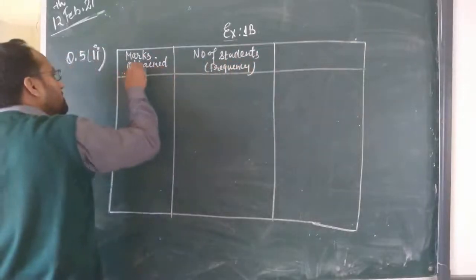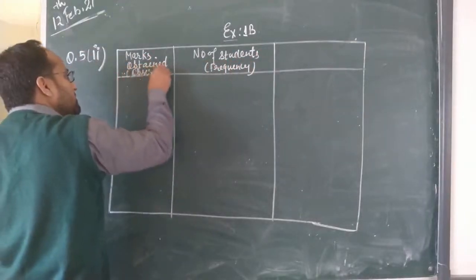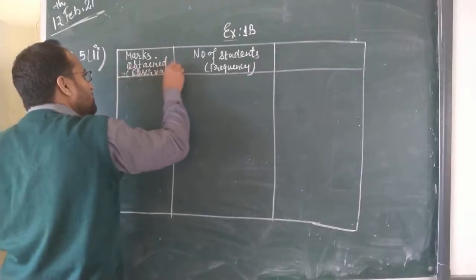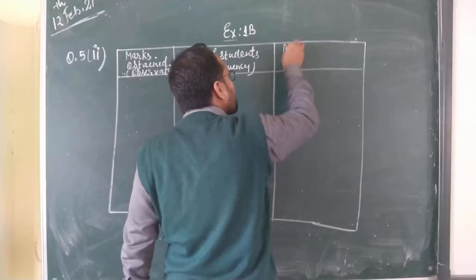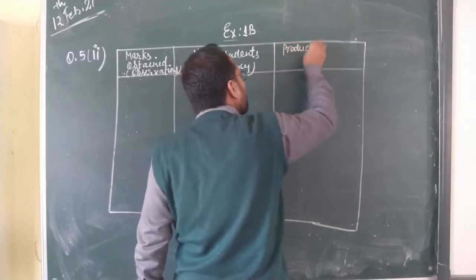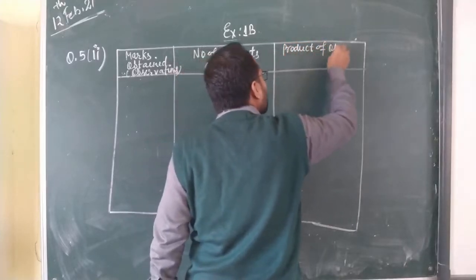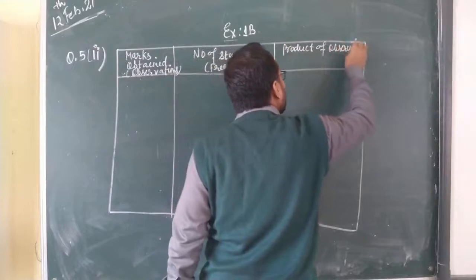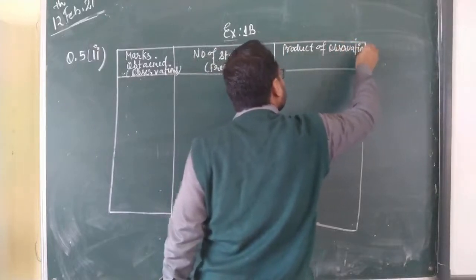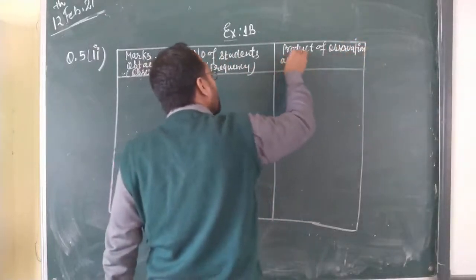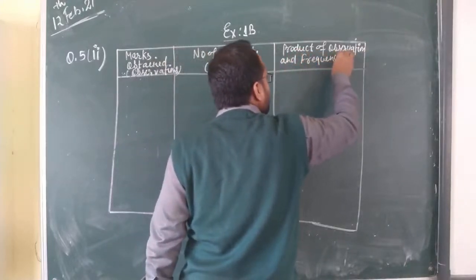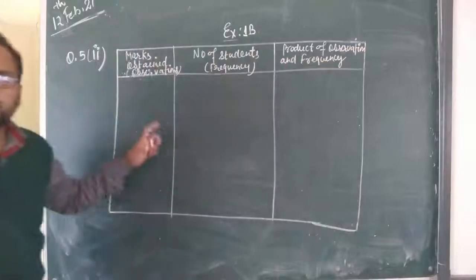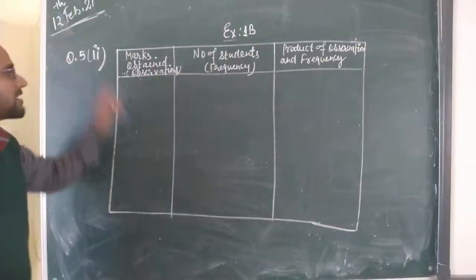This one is your observation. And this one is the product of observation and frequency. Okay, so I will start the solution.